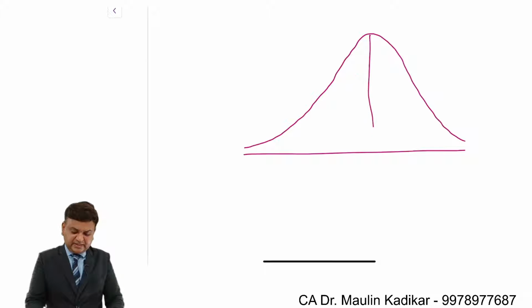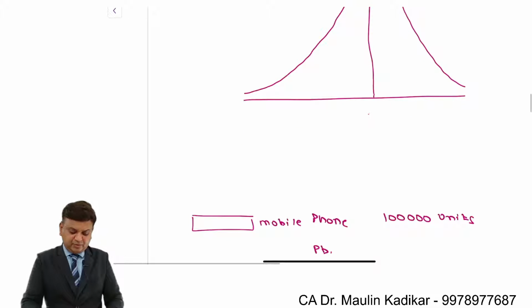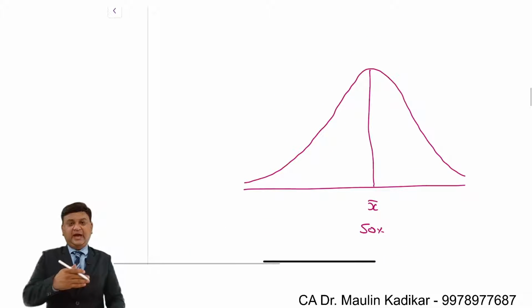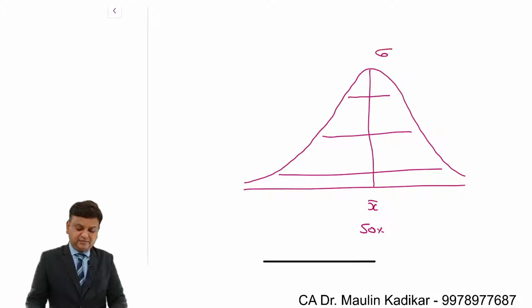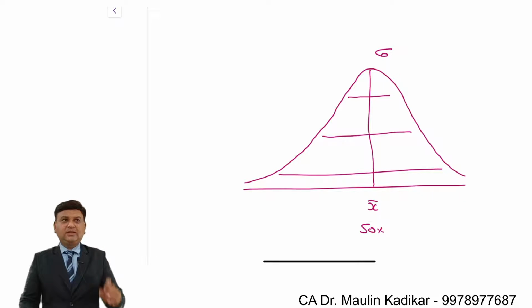The expected value, that is the mean value that we compute, has 50% probability. Now, the actual things may be different than what we anticipate, and the rate at which it can be different is measured by the standard deviation. The word deviation indicates to what extent the mean value can deviate.